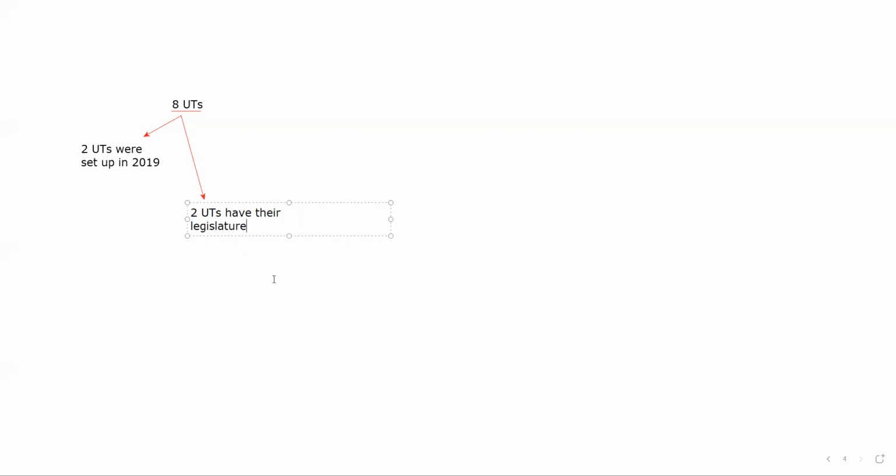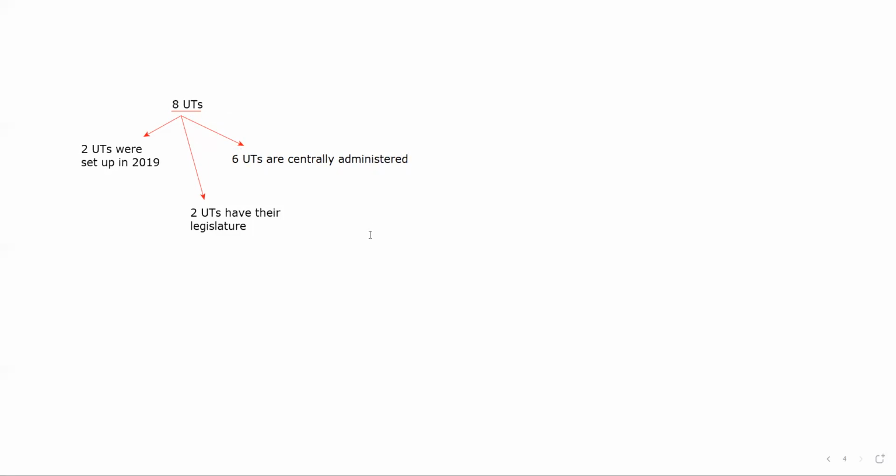And the next thing is that 6 UTs, that is Chandigarh, Jammu and Kashmir, Ladakh, Andaman and Nicobar, Lakshadweep, and Dadra and Nagar Haveli and Daman and Diu, are centrally administered UTs. So this is the point here.